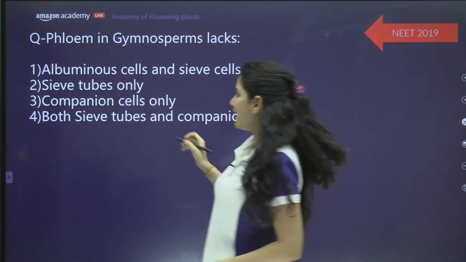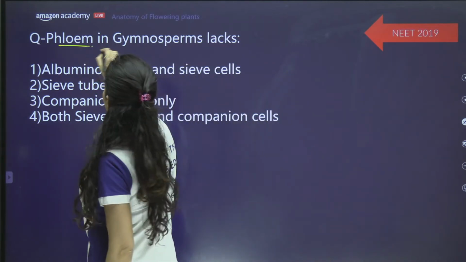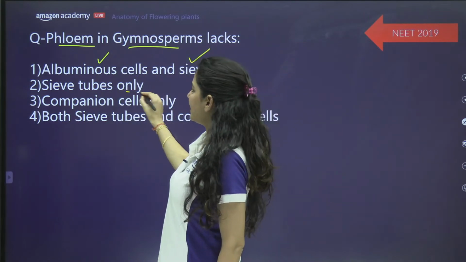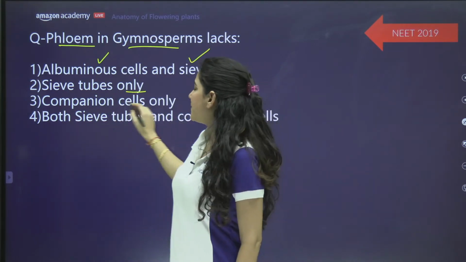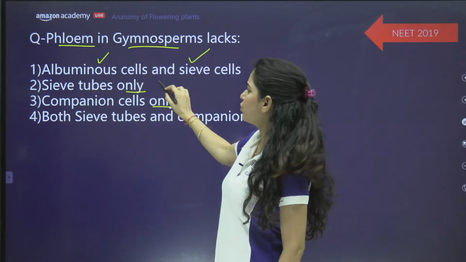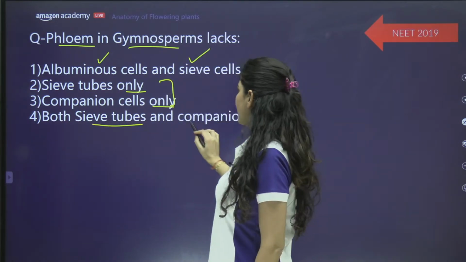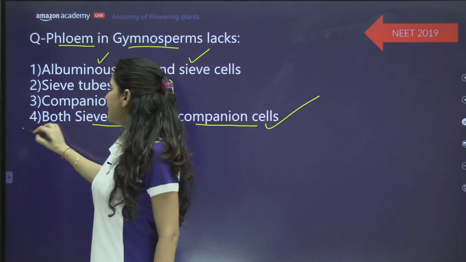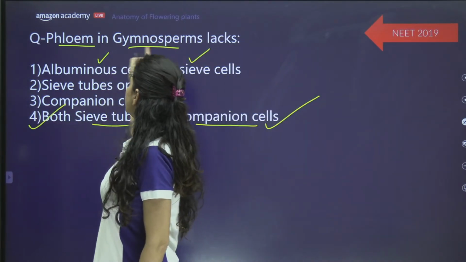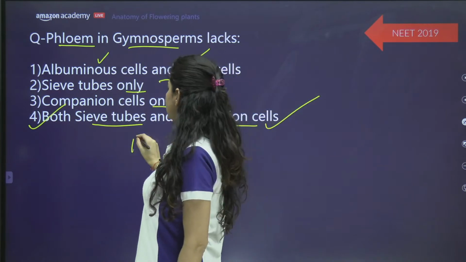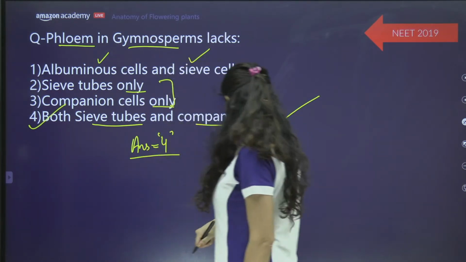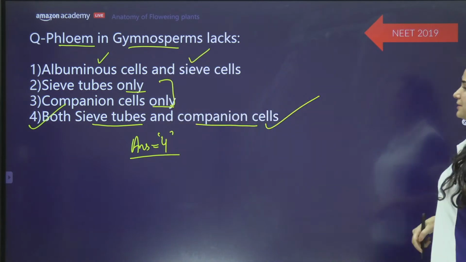So अभी हमें बताया albuminous cells present है, phloem and gymno में seed cells भी present है. Seed tubes only लिखा है, चलो आगे देखते हैं. Companion cells only लिखा है, पर ये दोनों ही नहीं होते. So both seed tube and companion cell, this is the right statement. ये दोनों ही चीजें नहीं होती है in gymnosperm cells. Answer will be option number 2. That's going to be the right answer.